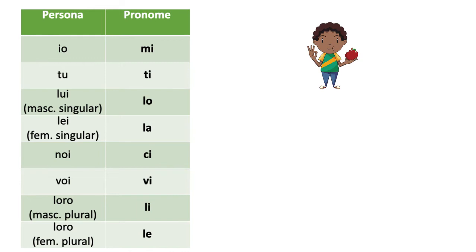Il bambino mangia la mela. Okay? Which is the direct object of our little sentence? Il bambino mangia la mela. Is it il bambino? No, he's not being eaten. It's the other thing, la mela. So I'm going to underline the direct object.